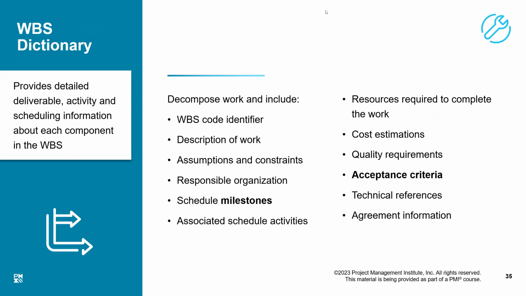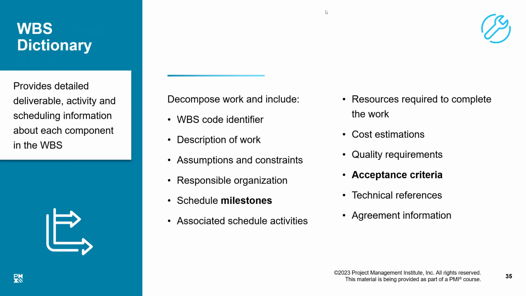Who is responsible for that work package? What are the approximate schedule milestones and associated schedule activities? Or you can create a column and leave it blank because we have not yet created the schedule. Resources, you can leave a column in the WBS dictionary against each work package.